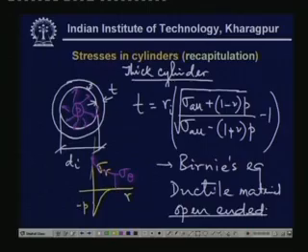This is very important. If it is closed-ended, then of course in addition to sigma r and sigma theta, there will be another stress, that is sigma z, the longitudinal stress, which we have not considered here. But if you consider the longitudinal stress and apply the same strain consideration, that is the material fails if a maximum strain is exceeded, then we will have to use another formula, Clavarino's formula, and that looks somewhat different.